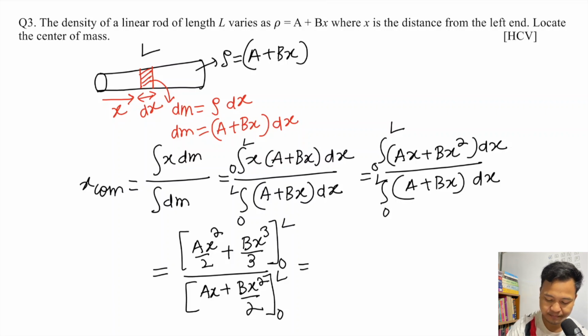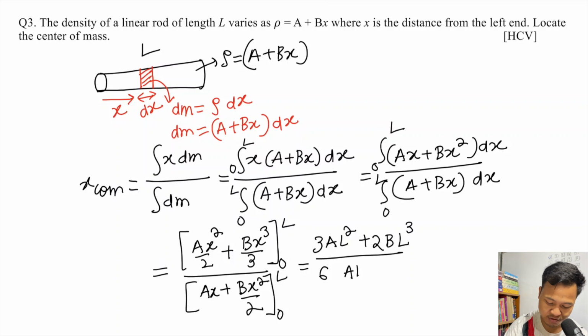Applying the limits, aL square by 2 plus b into L cube by 3, divided by aL plus b into L squared by 2.